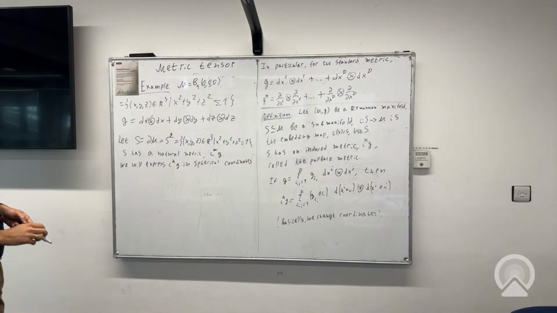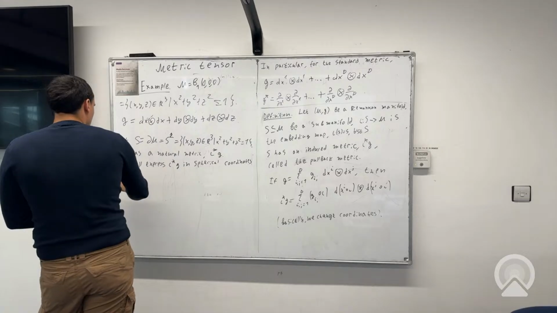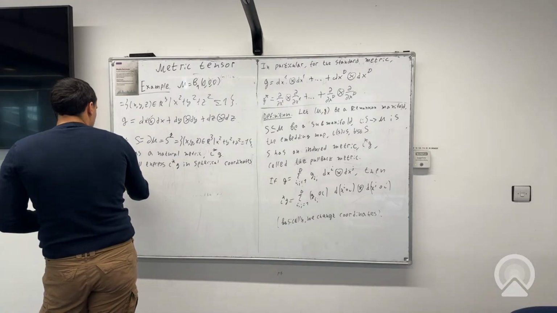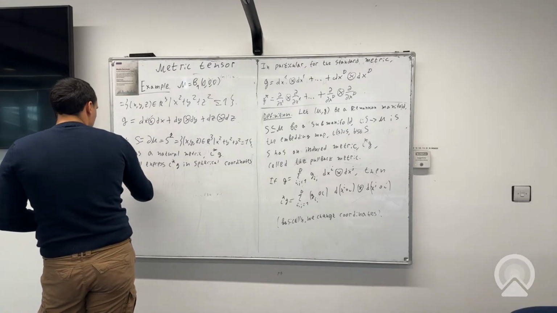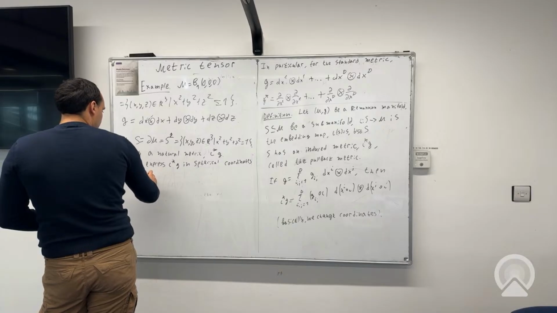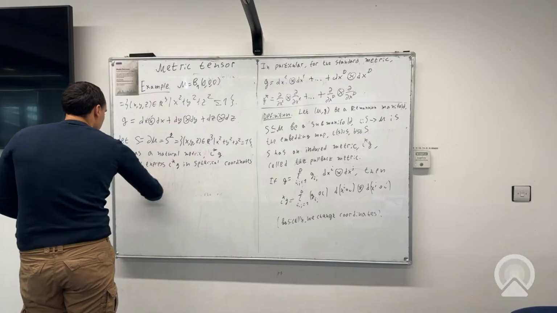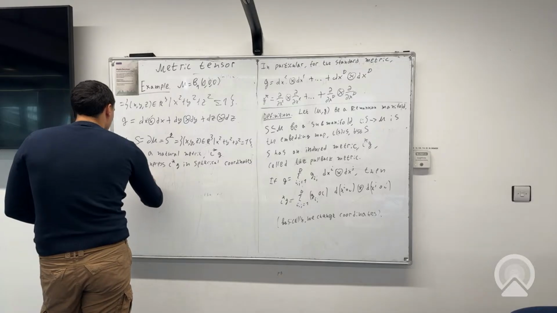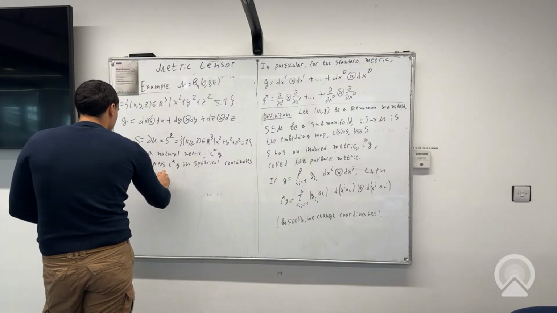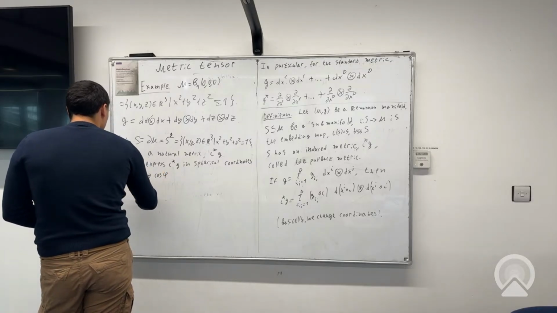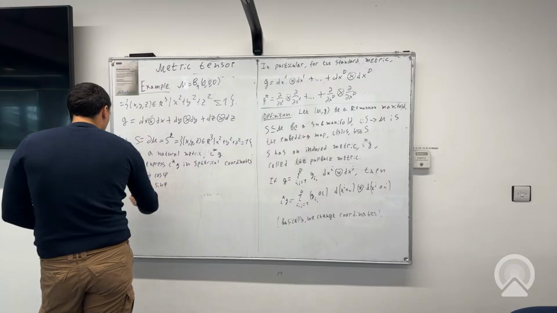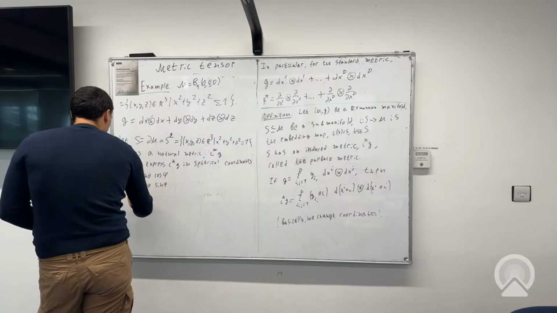So x is sine theta cosine phi, y is sine theta sine phi, and z is cosine theta.